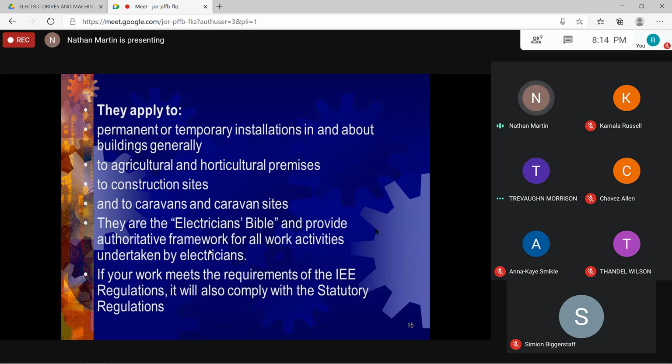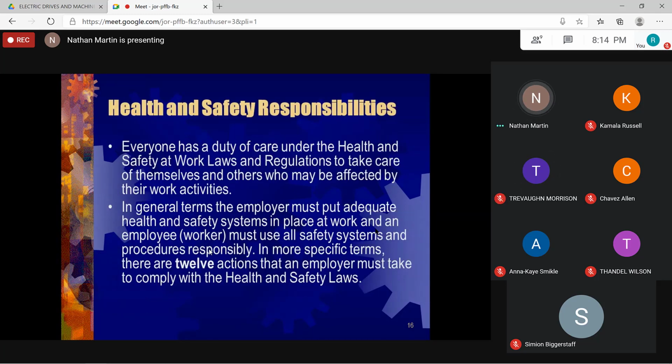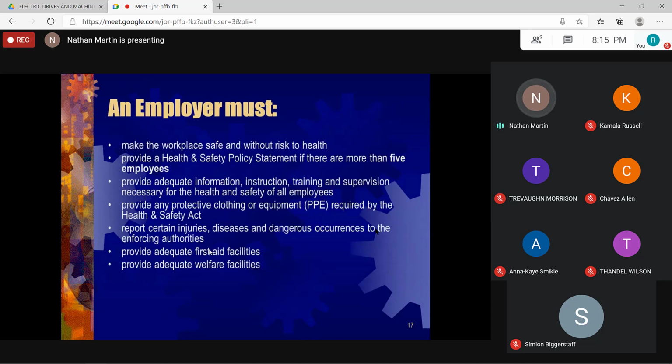That is the whole point, and that is why this module, as I tell you, is in effect, because we want to teach as much as we can to see how your engineering knowledge ties into these facilities. All right? So the health and safety responsibilities by the employers and by the employees must be followed, and they must have the systems in place, right?